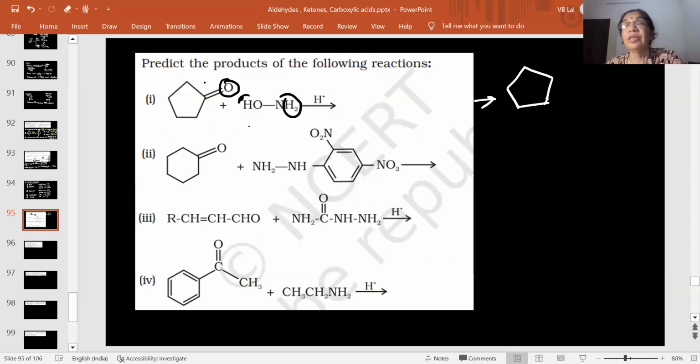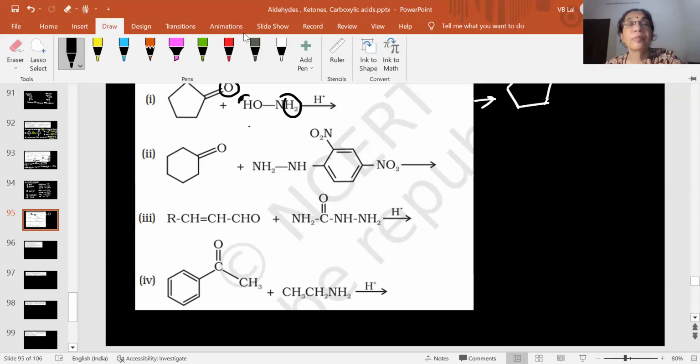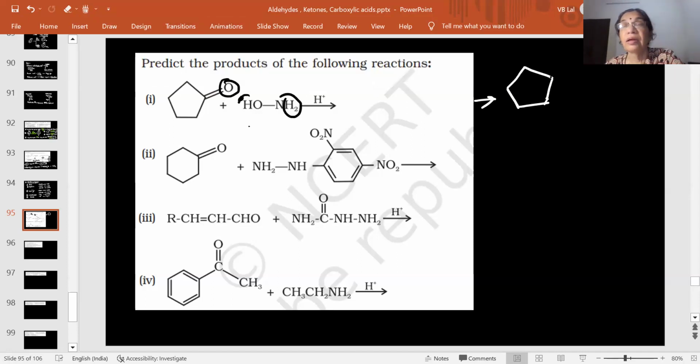This water is eliminated. So what will I get? I will get here double bond NOH. This is the product. Okay, I have taught you ammonia derivatives. You remove water, hydrogen and oxygen, and you get the product.